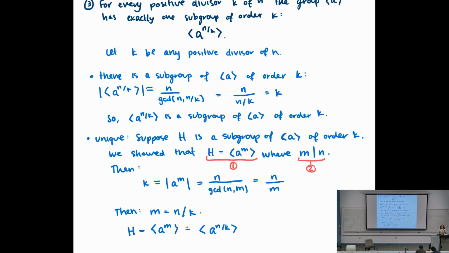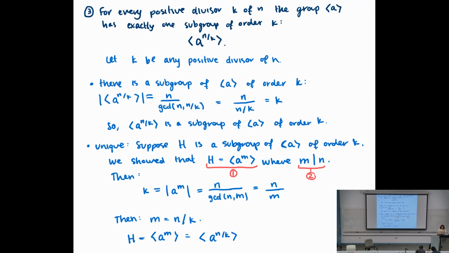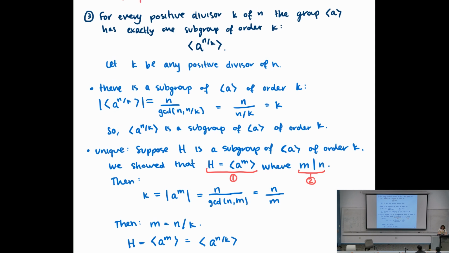Other questions? Yeah, so in the first part, how do you know that a to the n over k is a subgroup? How do we know that a to the n over k is what? Is a subgroup. So we know, okay, so k is a divisor of n, right?